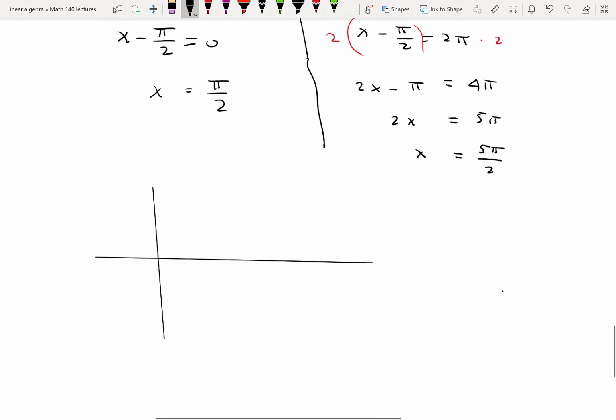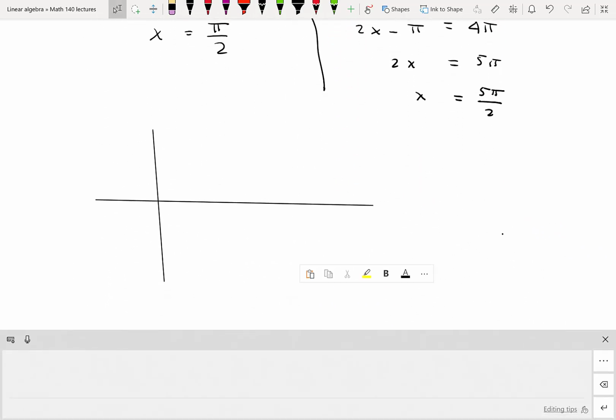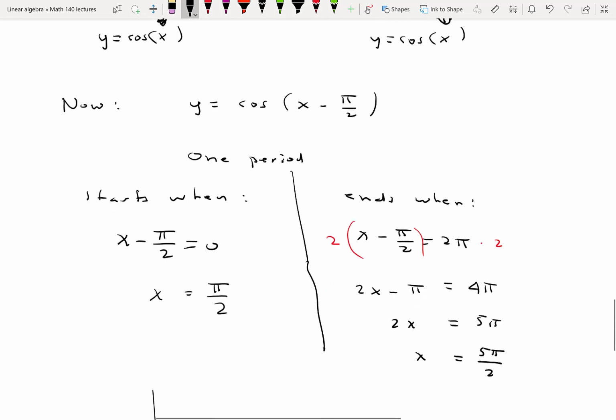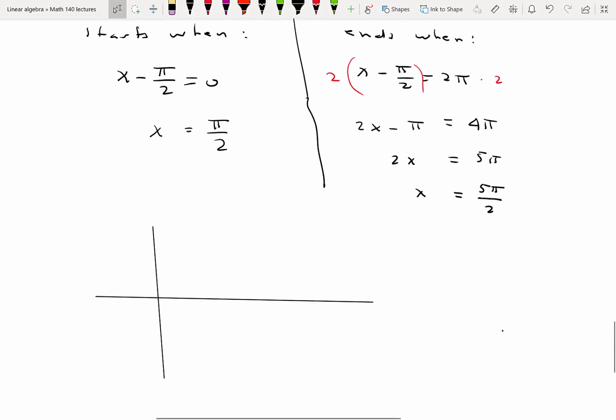Now our graph starts when x equals pi over 2, and ends when x equals 5 pi over 2. I've shifted my graph to the right by pi over 2.